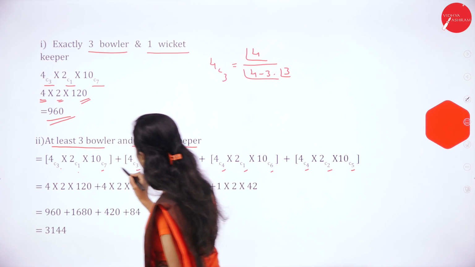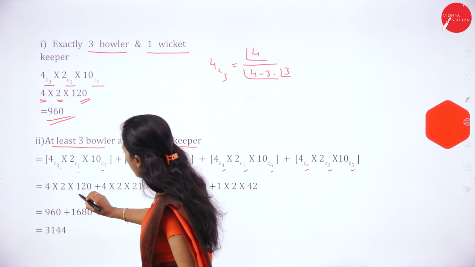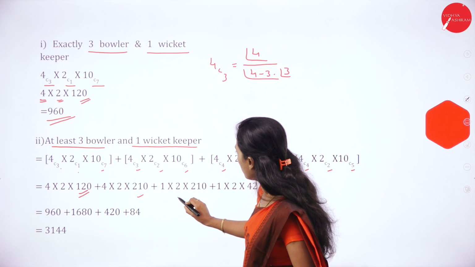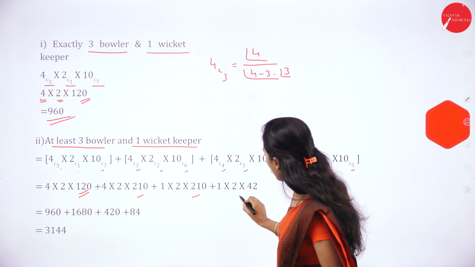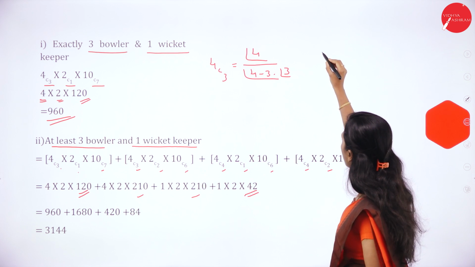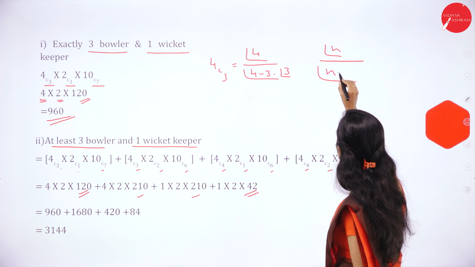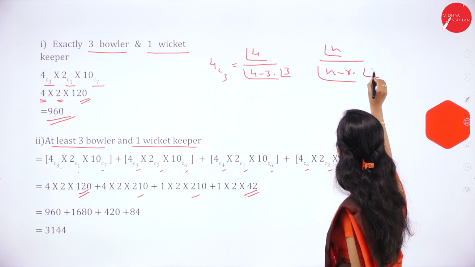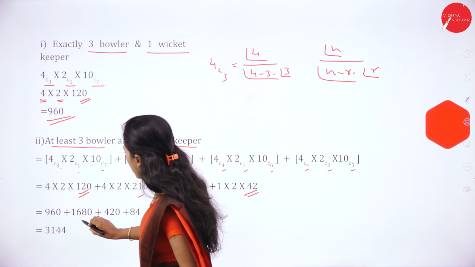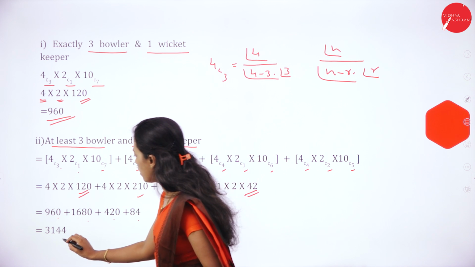If we substitute, we get 4 into 2 into 120, 4 into 2 into 210, 1 into 2 into 210, 1 into 2 into 42. We have to apply the combination formula here: factorial n divided by factorial n minus r into factorial r.